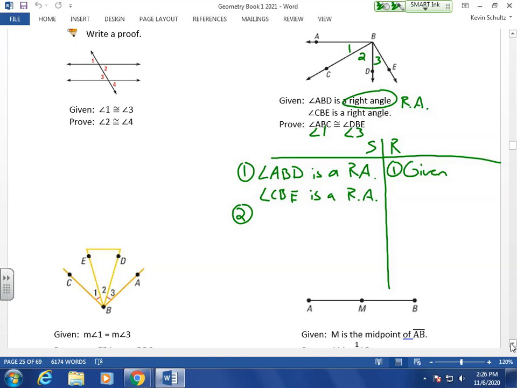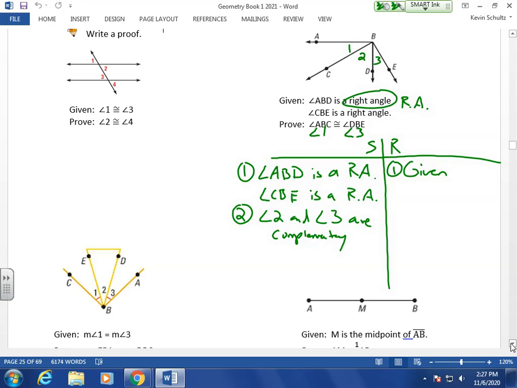Yeah. Do angles 2 and 3 have to be 90 degrees? Why is that? Because CBE is a right angle, and angles 2 and 3 are kind of like inside of that. Okay, so angles 2 and 3 make a right angle. What's another word that we say to show that 90-degree relationship? Complementary. Okay, so angle 2 and angle 3 are complementary.